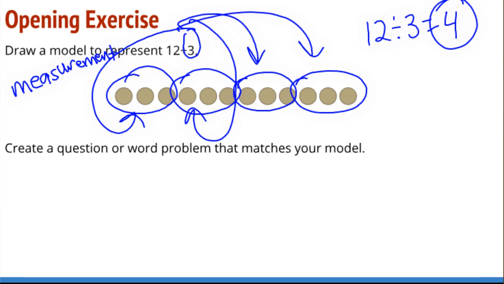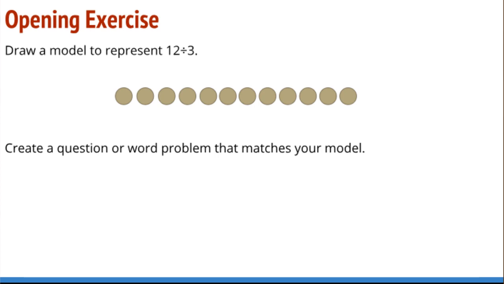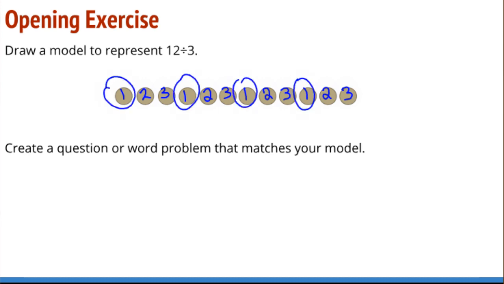Now, if I were to think of this in a partitive division format, I've got 3 people and I'm trying to answer the question, how many cards would each person get? So I could think of it as first person, second person, third person, and repeat.